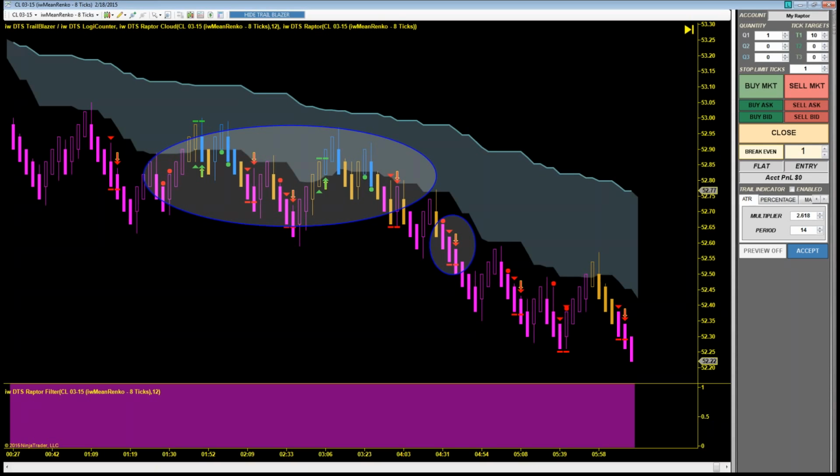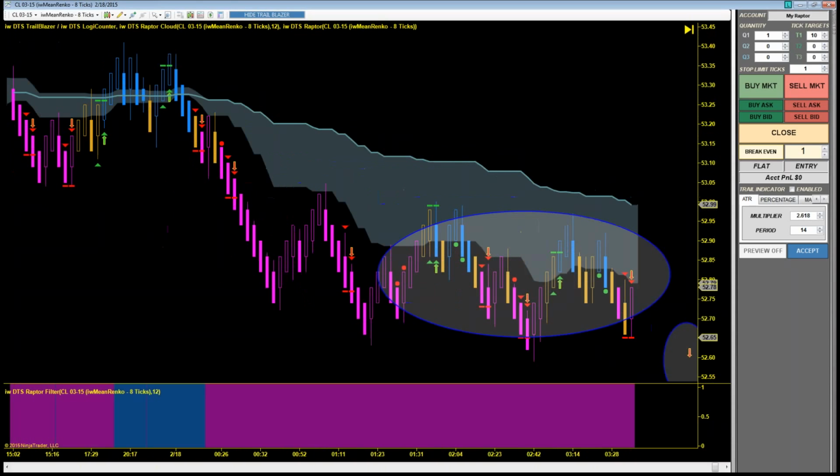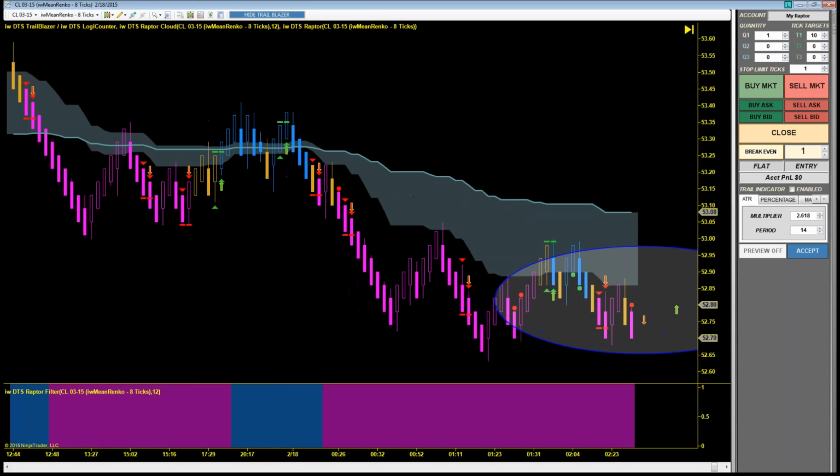But the Raptor, when you get stuff like this happening, where you get a lot of yellow bars, you're into the cloud, everything keeps flip-flopping, you're normally standing aside and waiting for the signal to print after you emerge from that. And once again, we're looking for confluence. We're looking for red bars, red filter, a bearish band.